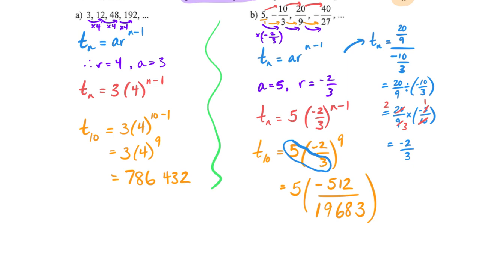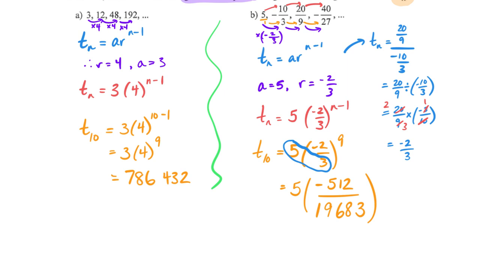So when I see that a value of 5, I already know that I'm not going to be able to reduce my fraction. You will be able to tell before you even look at calculating those powers whether you'll be able to reduce or not if your a value has a common factor with the denominator of your r.